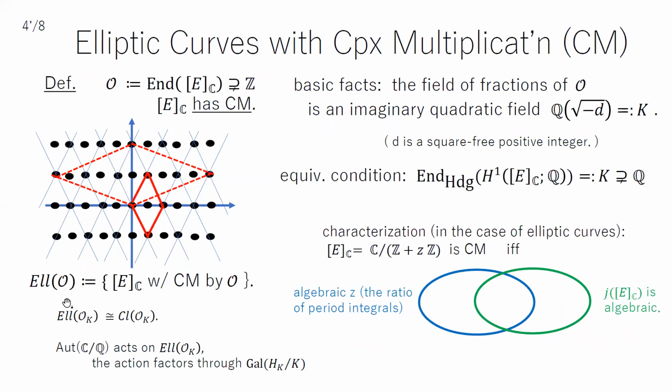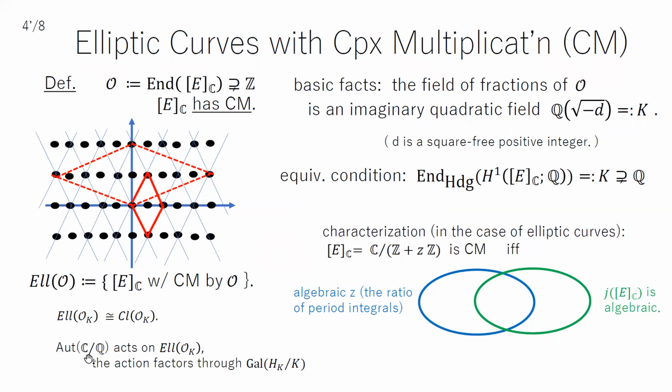When the ring of complex multiplications is equal to the ring of all the algebraic integers of the imaginary quadratic field K, it is known that this set is one-to-one with the ideal class group of the imaginary quadratic field K. Also the Galois group acts on this set by carrying out the Galois transformation on the defining equations, and this set of elliptic curves forms an orbit under the action of the Galois group.